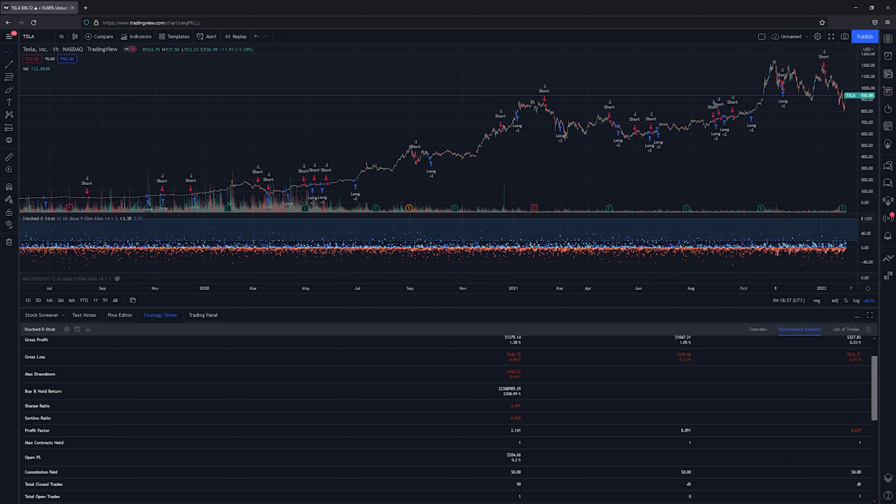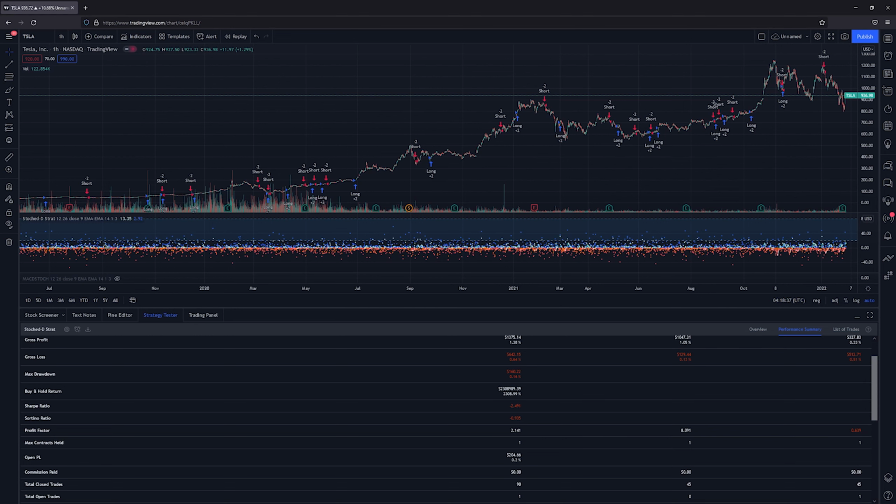We're showing that we had exactly 45 long trades and 45 short trades, which makes sense because we don't have any exit strategies built in. And so you're either always long or you're always short. So that makes sense that ours are identical. Total open trades, currently we just have one short trade right here. You can see it. Number of winning trades.